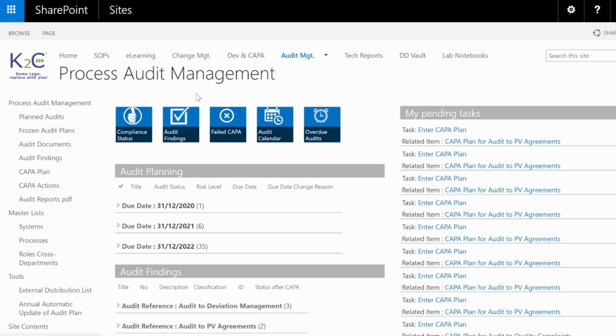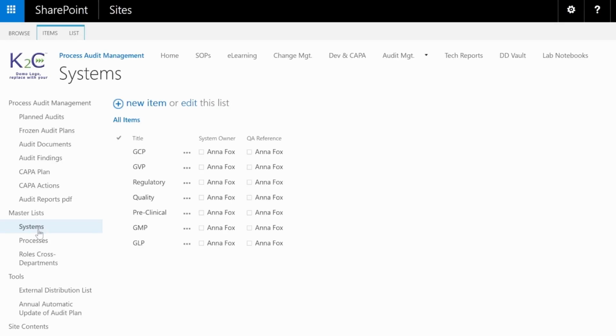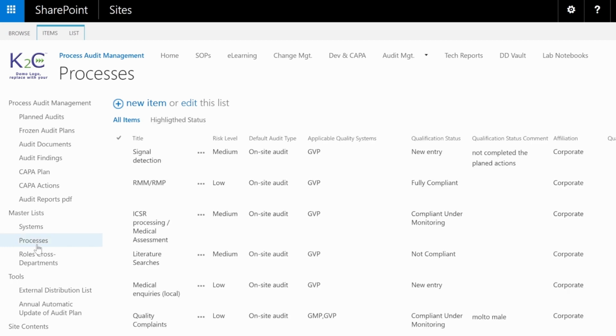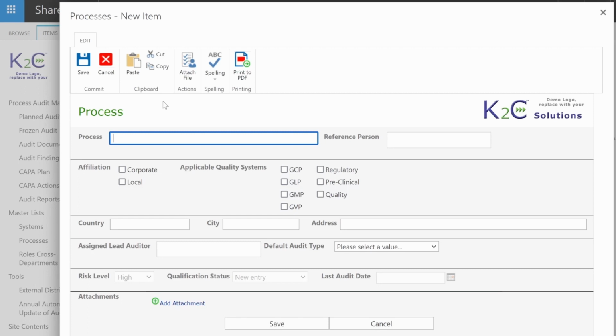Audits of internal processes need to ensure the compliance status with respect to regulations and our quality system standards. First, the K2C module allows us to manage the inventory of processes in our organization. Each process might be governed by a specific quality system, for instance GCP, GVP, GMP, or even multiple ones.